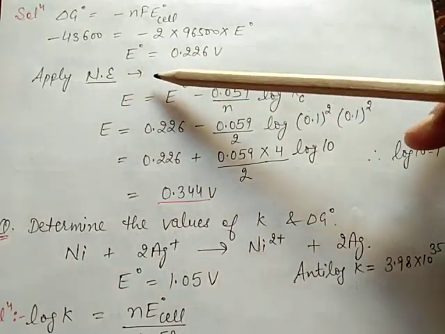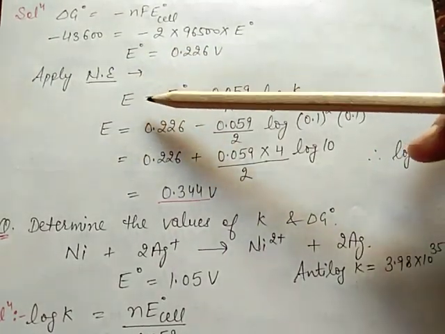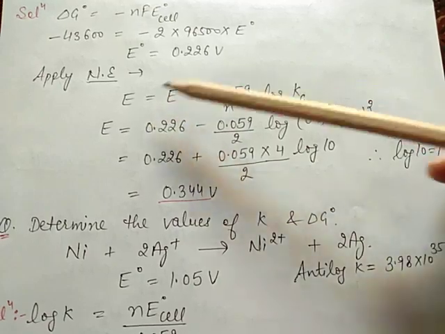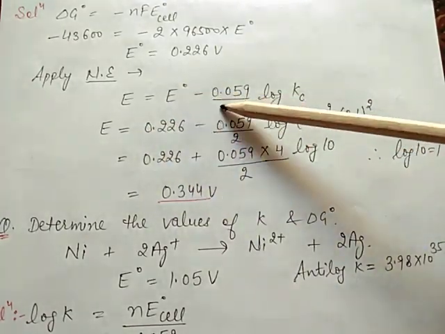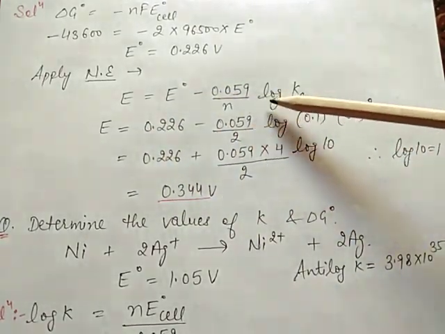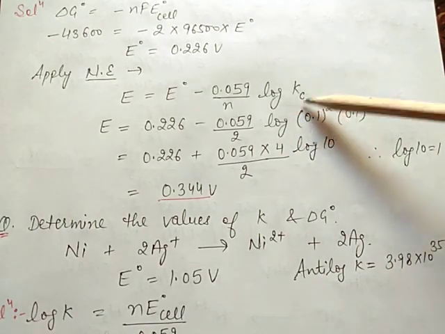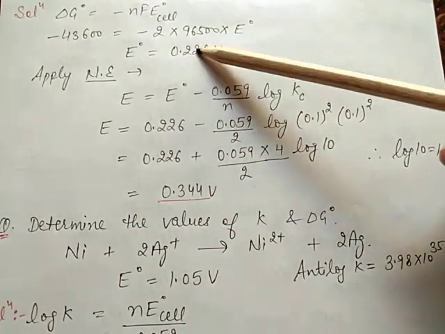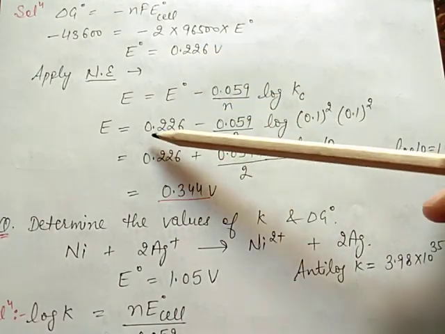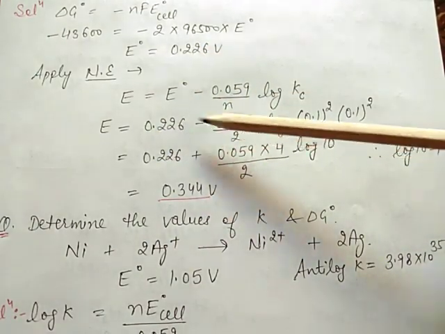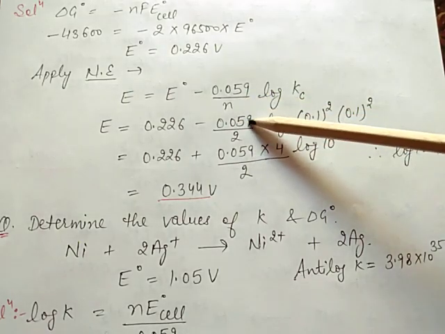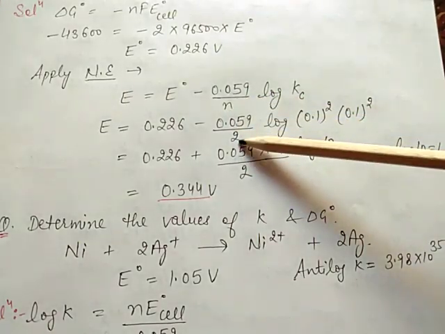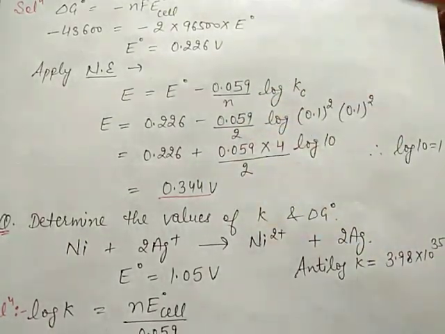Then apply the Nernst equation, because we have to calculate the EMF of the cell. E is equal to E naught cell minus 0.059 by n log of Kc. Kc is the equilibrium constant. E naught cell we have calculated, that is 0.226, minus 0.059 by n, where n is 2 electrons exchanged.